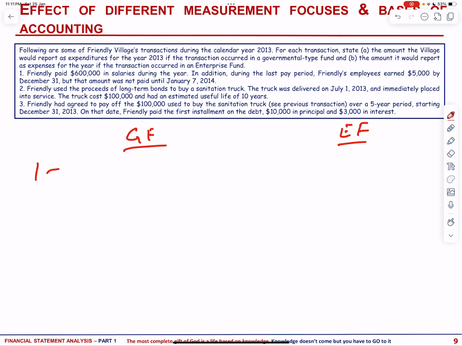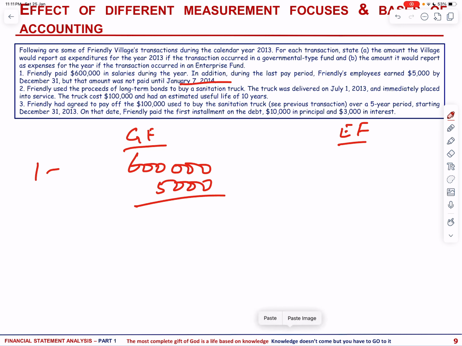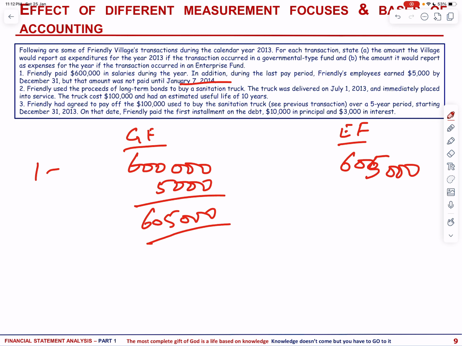Number one, when we talk about government type expenditure, we are going to record 600,000 as the salaries, and there is an additional 5,000 to be paid by 7th of January. So both of them come out to be 605,000. And the same is the case for the enterprise fund as well. This will be 605,000.